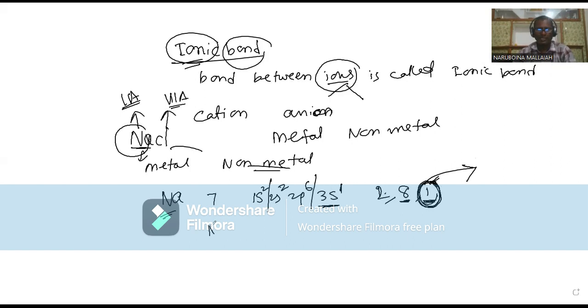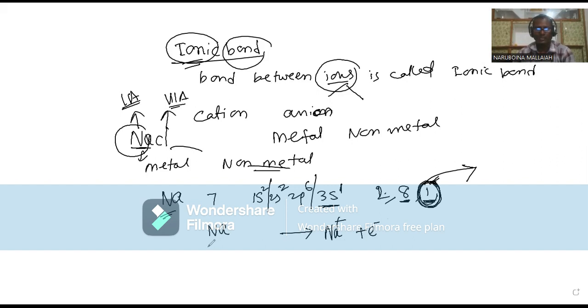Now I am writing that equation. Sodium, put one arrow mark here. Now sodium becomes Na plus, sodium ion, positive charge, cation. It loses one electron, so that last electron is written as e minus.